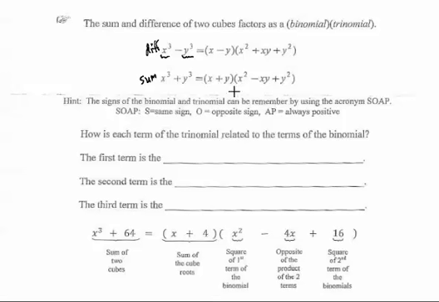You have to pretty much memorize these templates in order to be able to factor these types of polynomials. What you want to notice is that we factor these polynomials as a binomial, the first factor, and then the second factor is the trinomial. We have 3 terms in both of these second factors. So the sum and difference of two cubes factors as a binomial and a trinomial.